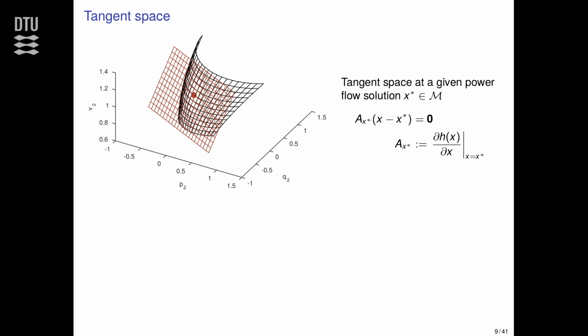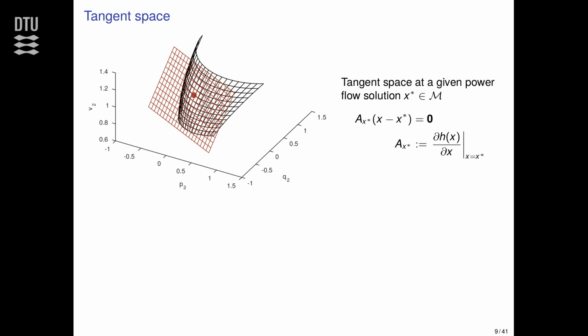We take any operating point of the grid that you have. You can measure it, for example. You know the nonlinear power flow equations, and you know that you can attach a tangent plane to this operating point, a plane which is tangent to these nonlinear power flow equations. It's basically a Taylor expansion of the power flow equations at the operating point.